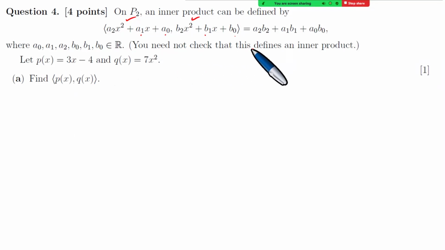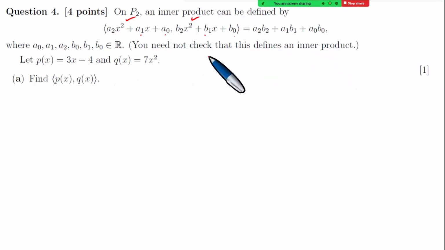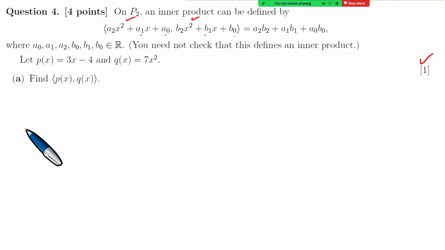You need not check that this defines an inner product. Normally there are 4 or 5 properties of the inner product, so the examiner is saying you need not check that, because it is 1 mark and it's going to waste a lot of time. You are under time constraints in the exam.